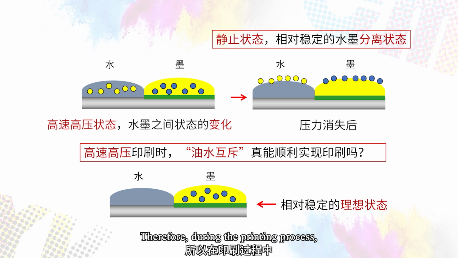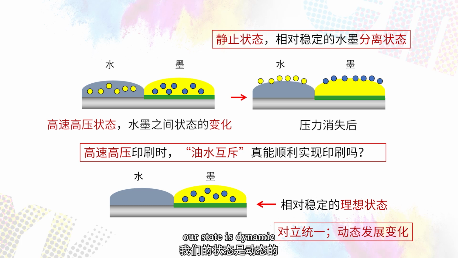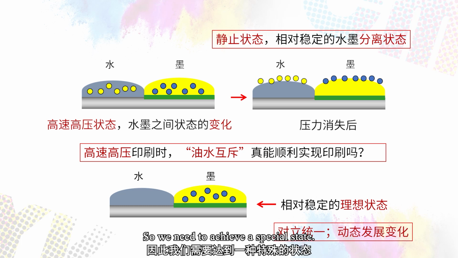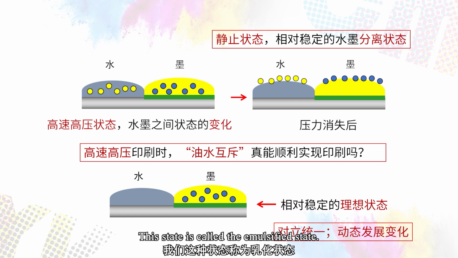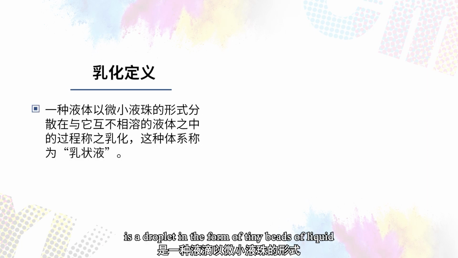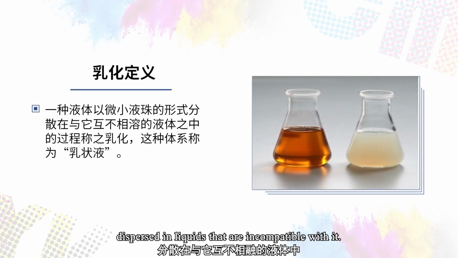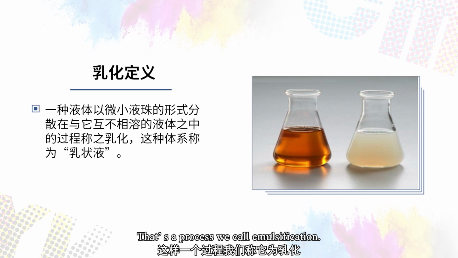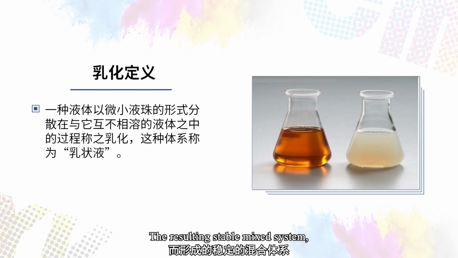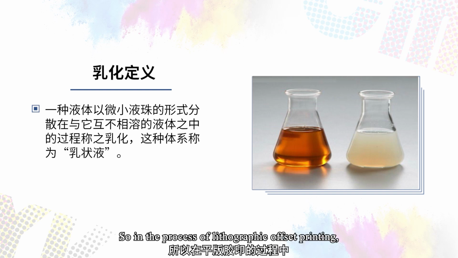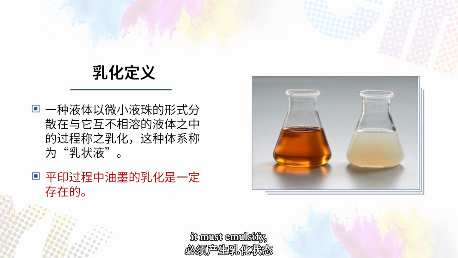During the printing process, our state is dynamic and changing, so we need to achieve a special state. This state is called the emulsified state. The manifestation of emulsification is a liquid in the form of tiny beads, dispersed in liquids that are incompatible with it. That's a process we call emulsification. The resulting stable mixed system we call an emulsion. So in the process of lithographic offset printing, it must emulsify.